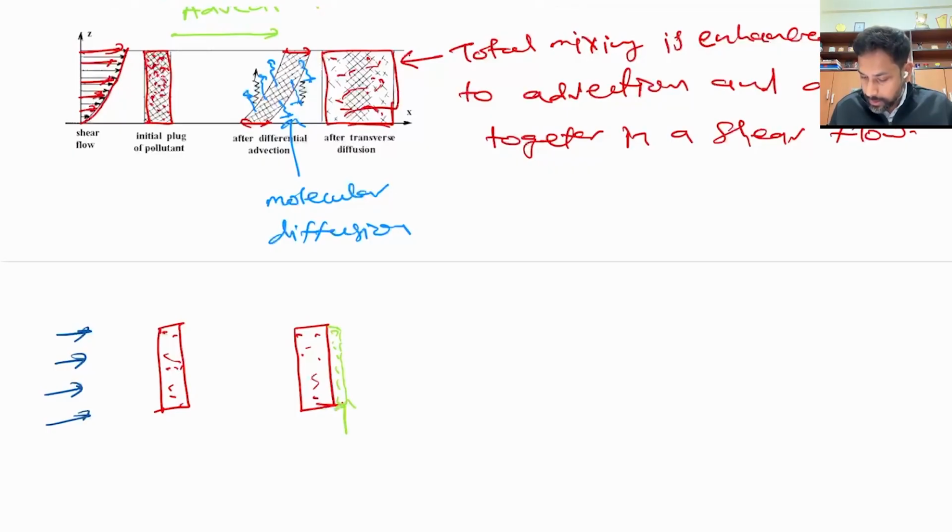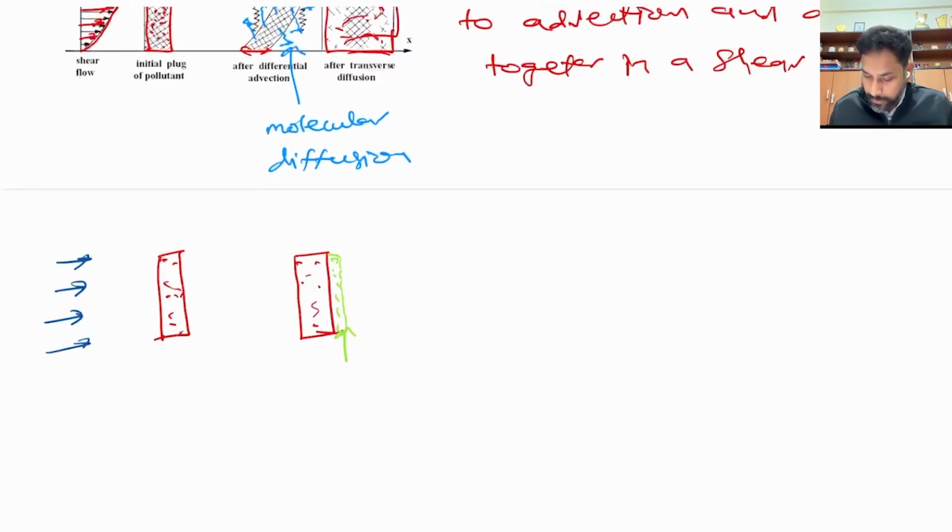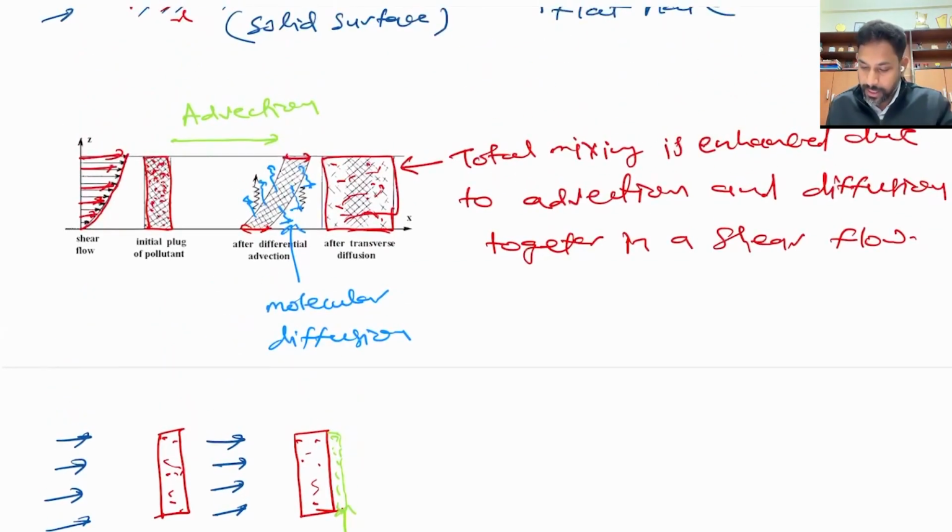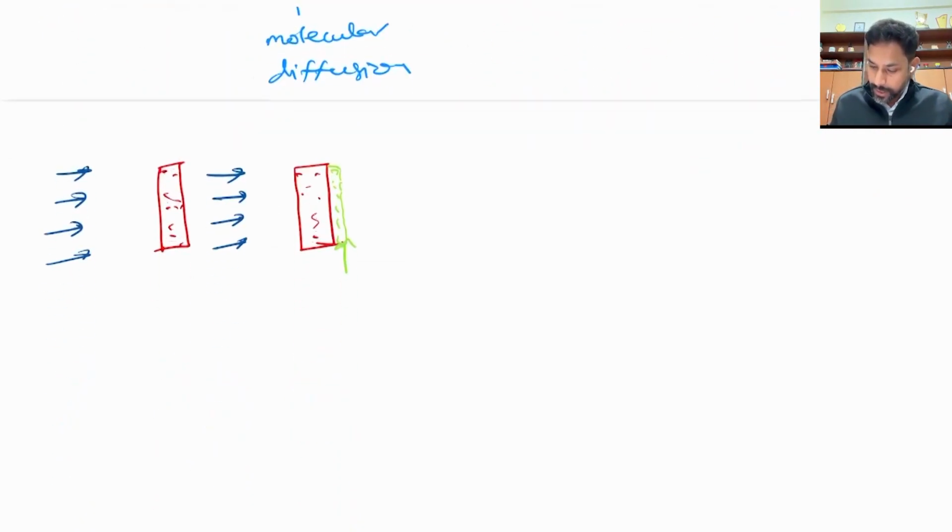So what you see here, this mixing will only be because of molecular diffusion. Okay, so if there is uniform flow, if there is not shear flow, only uniform flow, so the total mixing you will get will be just because of molecular diffusion. Whereas in this case, when you have shear flow, the mixing gets enhanced because of advection in longitudinal direction and diffusion in transverse direction.